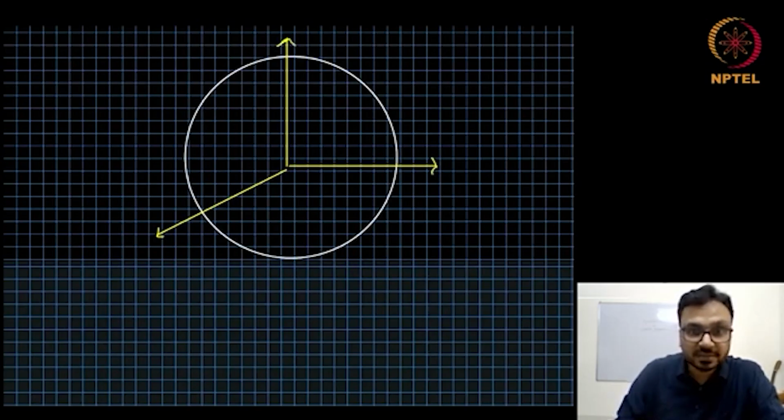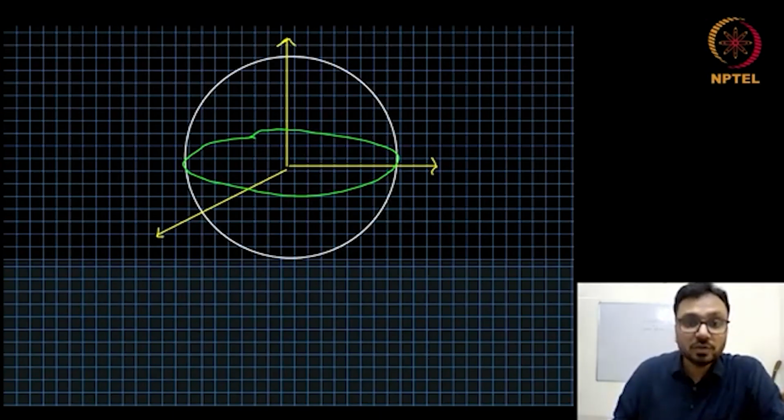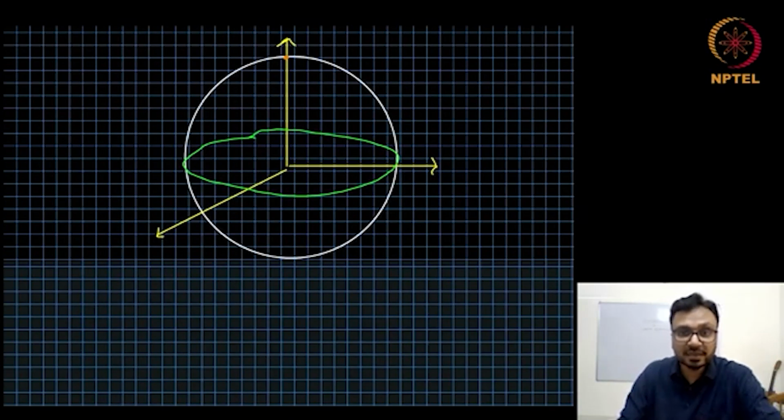Let us draw an equator in a different color. So this point here is along the z-axis, with z, y, and x.